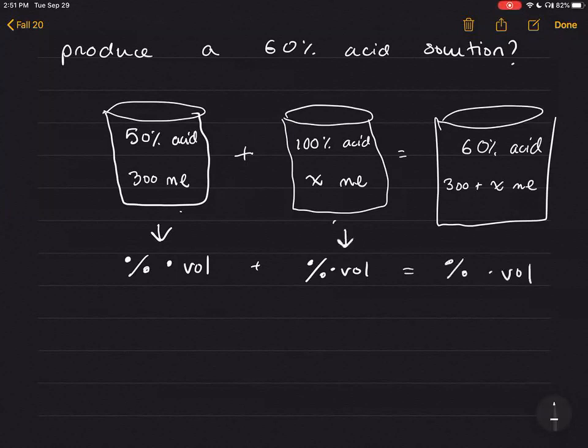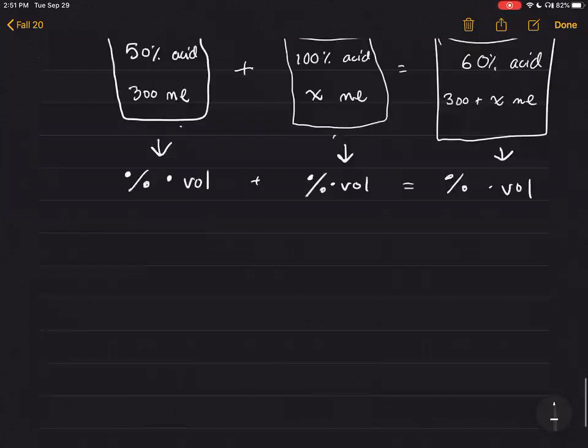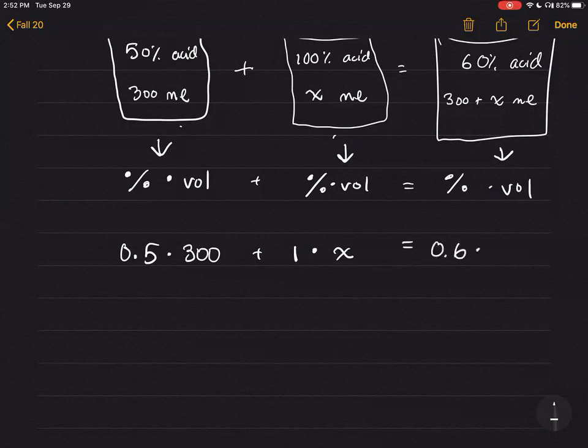So what that looks like for this problem is 50% turns into 0.5. Remember, percents, don't put them in just as the number. You have to convert them into decimals. Times the volume, which is 300 milliliters, plus the percent here is 100, so that's 1 times, we don't know, x equals, and then 60% is 0.6 times, and then I'm going to write this as 300 plus x, like that.